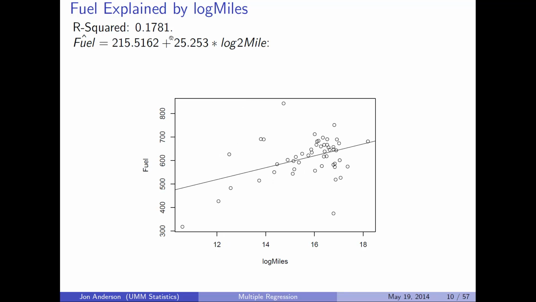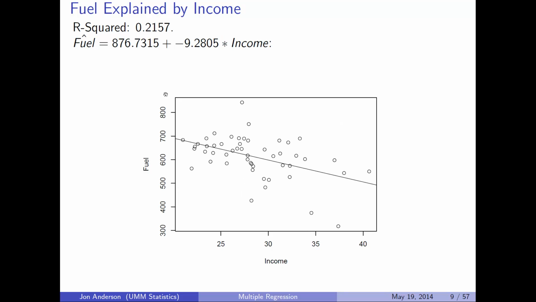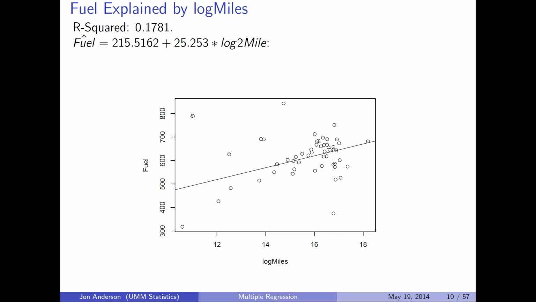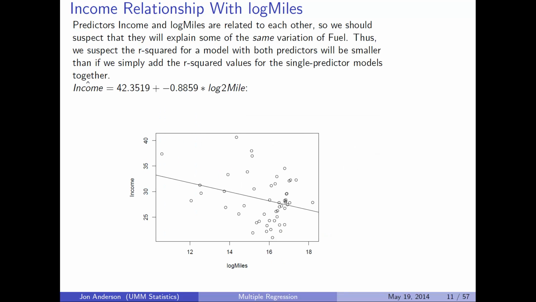And what we're going to find is that the R squareds for the two variable multiple regression model are not going to add together. They're not going to be the sum of 0.2157 and 0.1781. And the reason they're not going to add together is because income and mileage are related to each other.